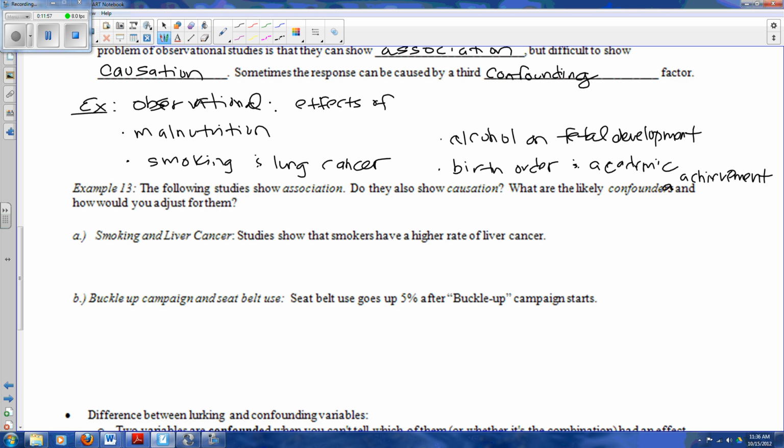Does the older sibling usually tend to achieve more academically, or how does the middle child syndrome play into these things? So this isn't something you can do an experiment on. You're just observing histories and records and looking back over things.